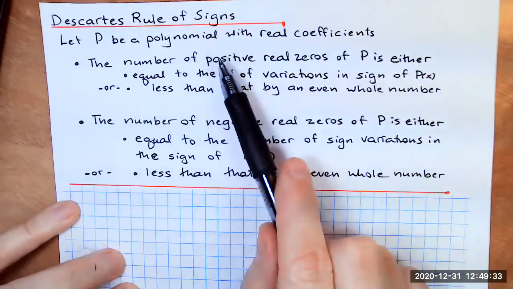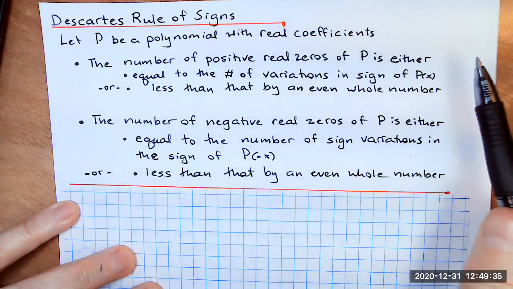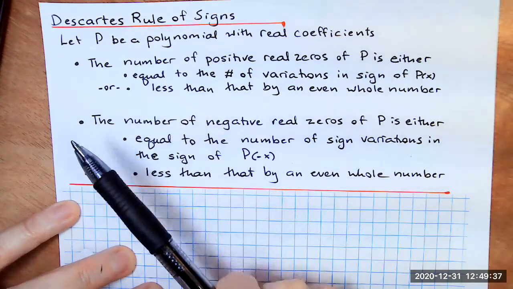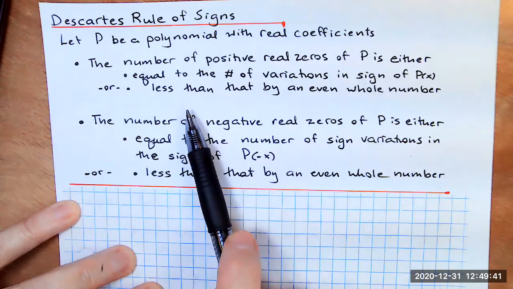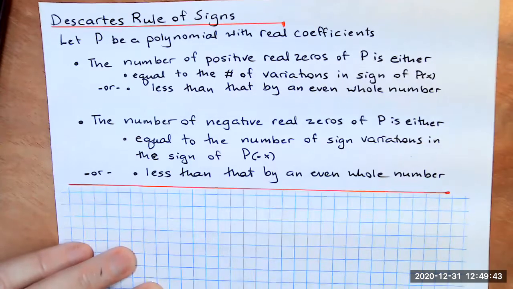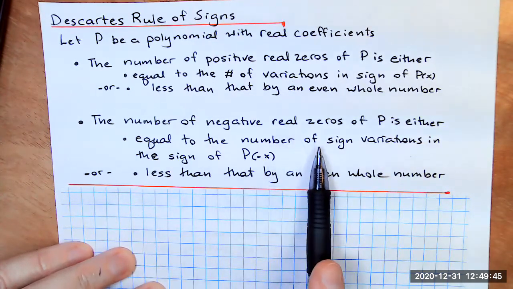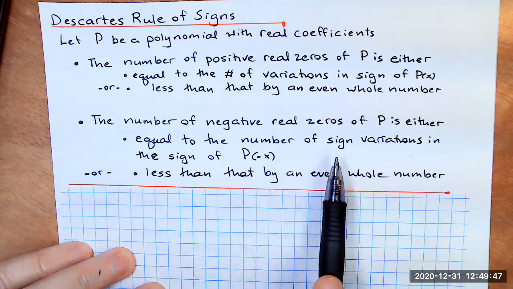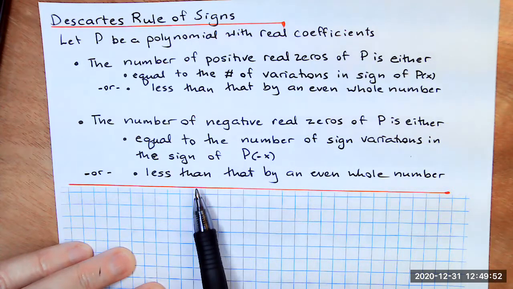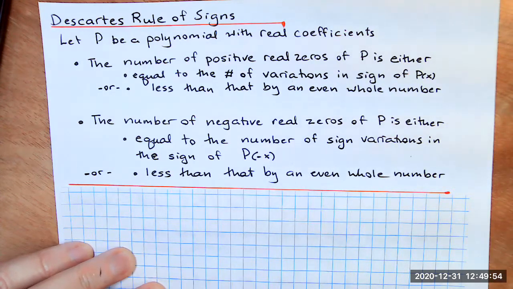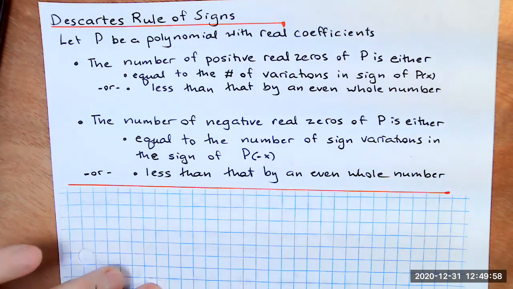All right, so if P is a polynomial with real coefficients, the number of positive real zeros is either equal to the number of variations in sign or less than that by an even whole number. And then the number of negative real zeros is either equal to the number of sign variations in P of minus x or less than that by an even whole number. Let's look at an example.